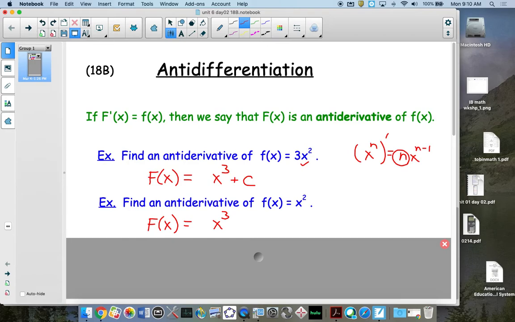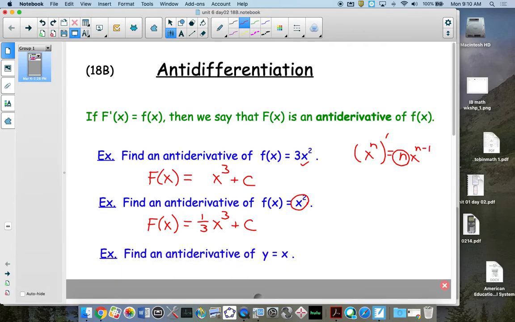I don't want 3x squared, I just want 1x squared. So I have to offset that 3 that I would have to multiply when I take the derivative. And so I'm just going to multiply by the reciprocal, which is 1/3. Now if you take the derivative of capital F of x, 3 times 1/3 is 1, and then x to the second power. And then don't forget, plus any constant.